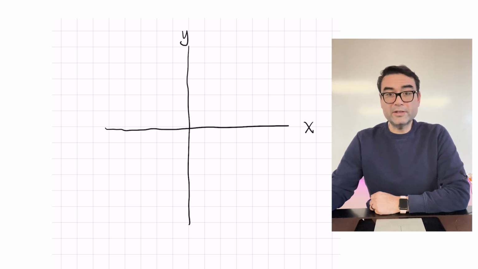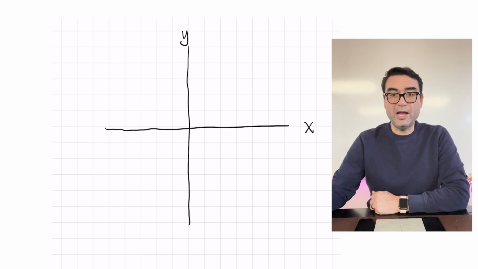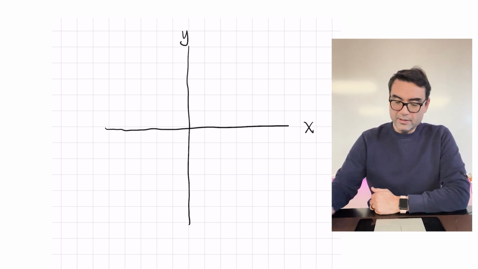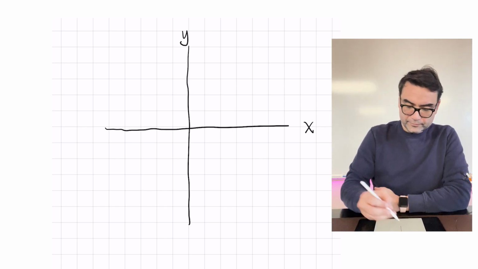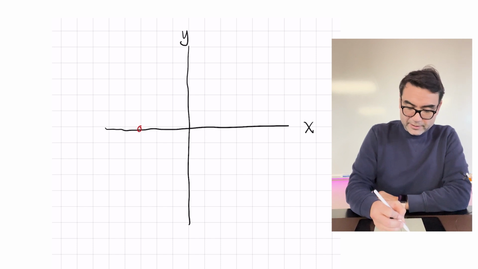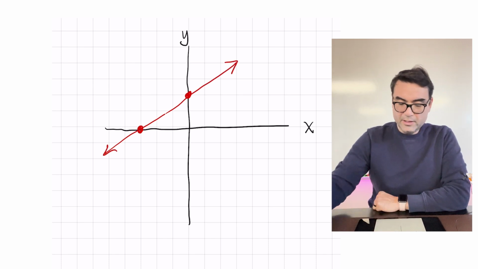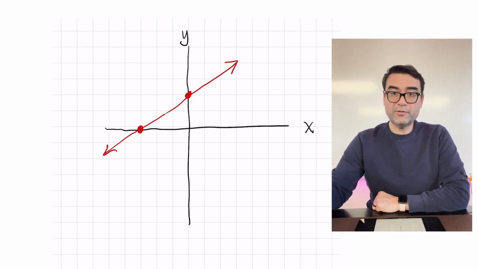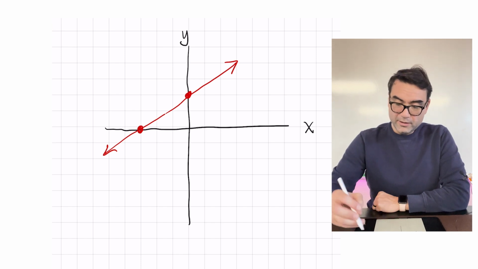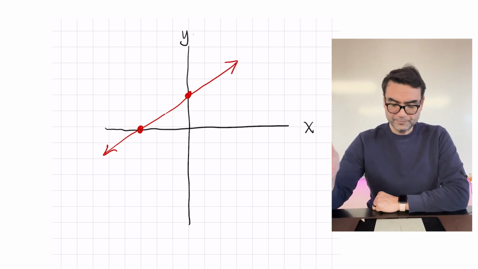So I'm hoping we're all at least familiar with the xy plane, where you usually graph equations of lines or other functions. So when you graph a line, you might have a line that looks something like this. And regardless of how you created that line, let's take note of some things.